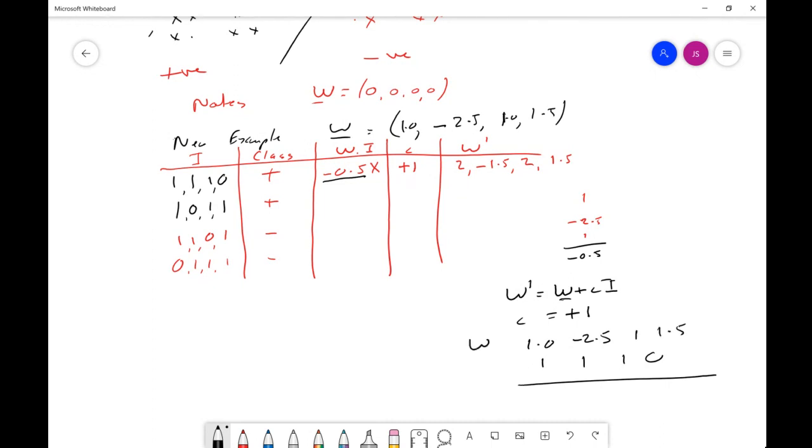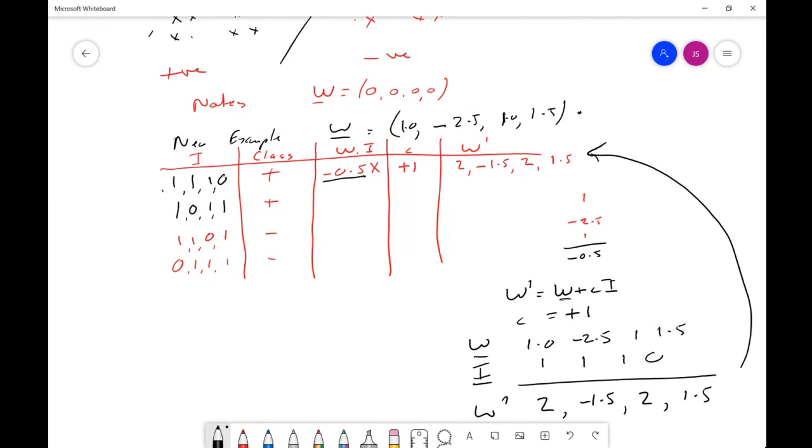This is W and this is I. W there, the initial weight vector. There is your input pattern. Add them up. We are going to get 2. We are going to get minus 1.5. We are going to get 2. We are going to get 1.5. So that is W prime. That is the new weight vector, and that should be the one which is in there. Okay?